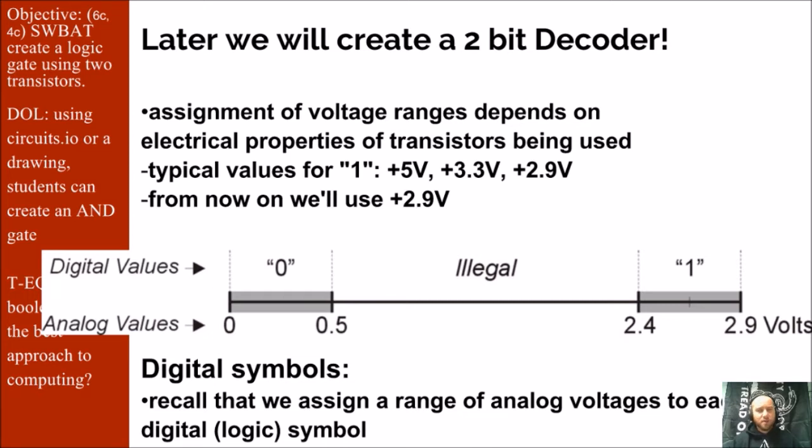It's pretty simple. But for now, the assignment of voltage ranges depends on the electrical properties of the transistors being used. So if you're in chemistry class, this is a good connection for you. Typical values for a 1, like I had said on this slide before, are either 5 volts, 3.3 volts, or 2.9 volts. It depends. And from now on, in our minds, if we just go with the 2.9 volt number, that would be a good one. So just try to think in those terms.